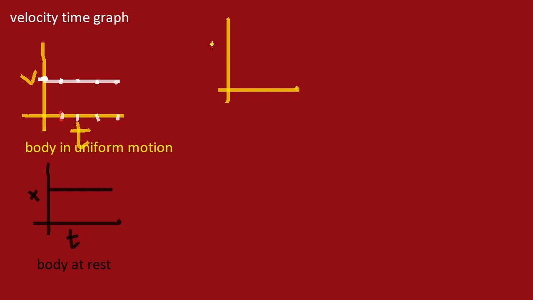If it has positive acceleration, then the VT graph will be a straight line. This is the VT graph of a body in non-uniform motion with positive acceleration, while on the other hand, if it is in negative acceleration, that is if the velocity is decreasing, then the graph will be shown in this manner.